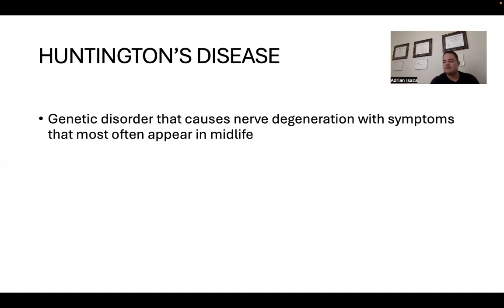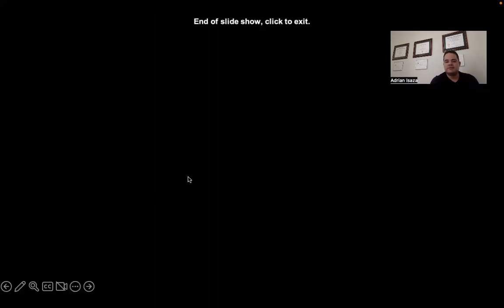In Huntington's, you would have high dopamine and relatively low amounts of acetylcholine. So you basically get what's called chorea, which is an involuntary dancing movement. But there's definitely nerve degeneration there.